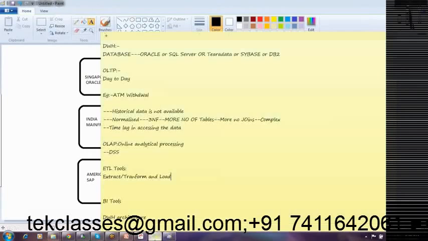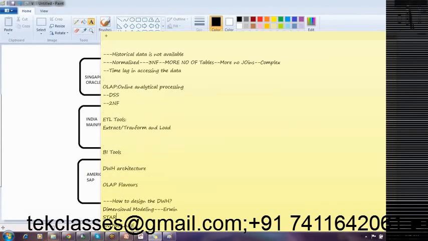In the sense, if it is in a normalized structure, you are going to convert it into a denormalized structure and then store it. That's why the data in the OLAP system is denormalized up to second normal form, whereas this is normalized data, this is denormalized data. I'll show you what the denormalized structure and the normalized structure are when we go about it.